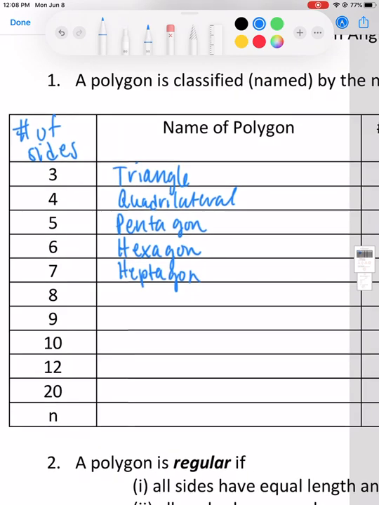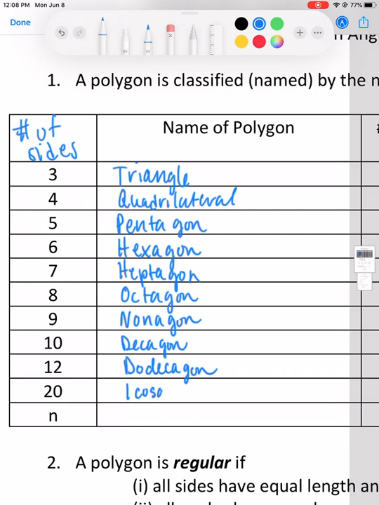Number 8, octagon. Number 9, nonagon. Number 10, decagon. 12, dodecagon. 20, icosagon. And n is going to be any number of sides, so we usually call that the n-gon. Any number of sides.